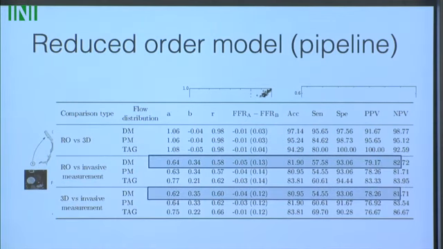But if you compare the statistics for the reduced order model predictions with invasive measurements, and we do the same for 3D simulations with invasive measurements, we see that we are slightly better off than with the 3D model, without having done too much with the stenotic models and the bifurcation models. Right.